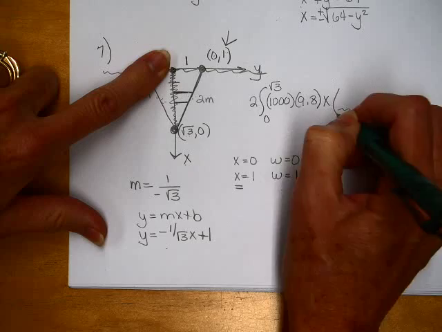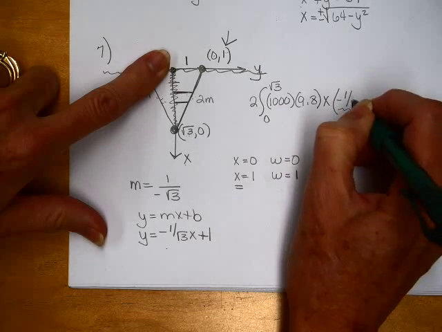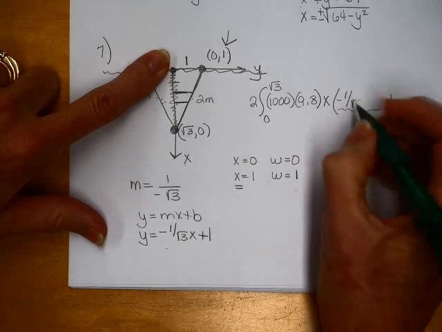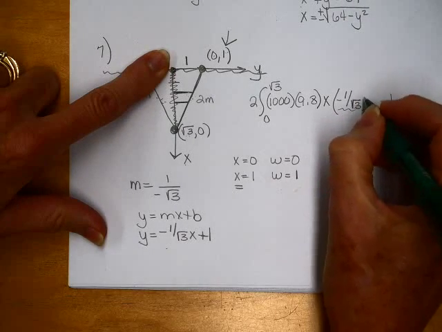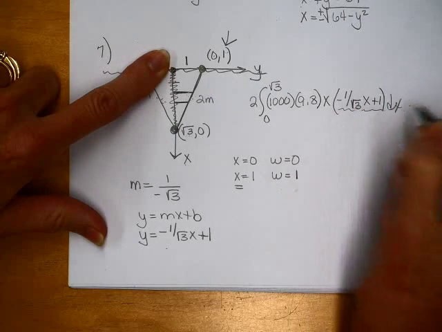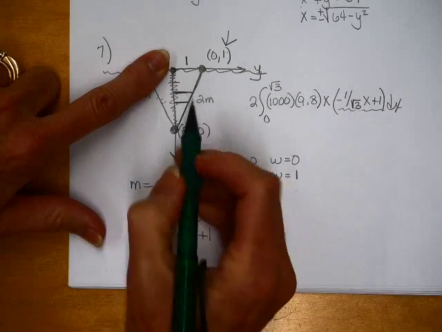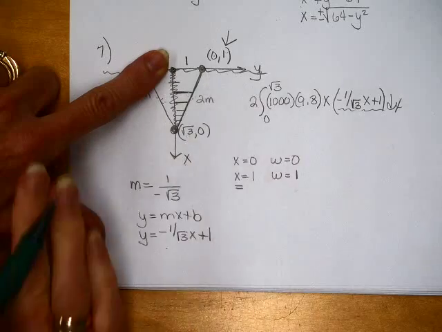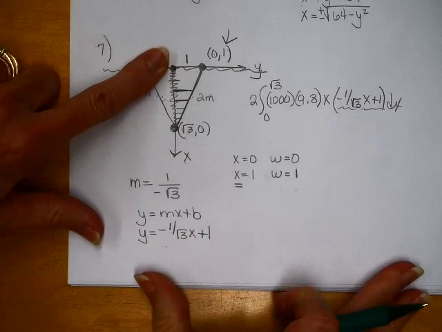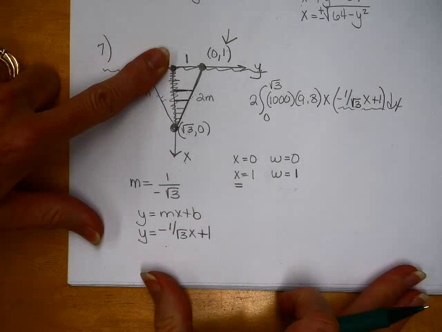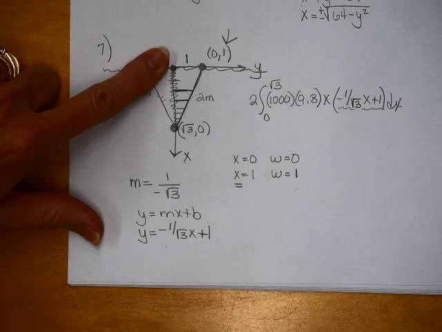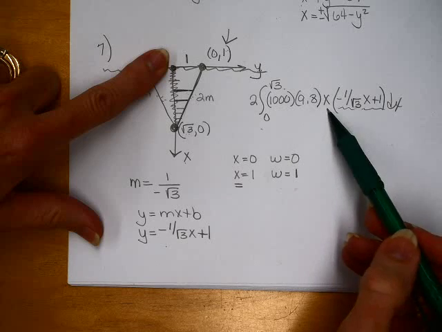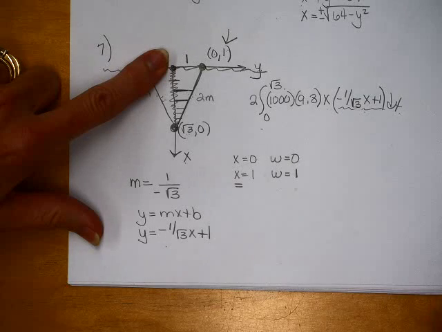This is what goes at square root of 3. Because every time I'm slicing into that line, whatever value y is, is the length of that line. These are in relation to x, these are in relation to x, this is in relation to x, and this is x.